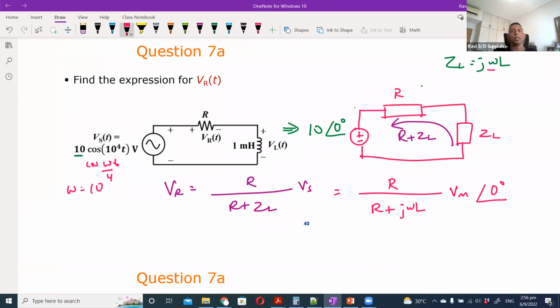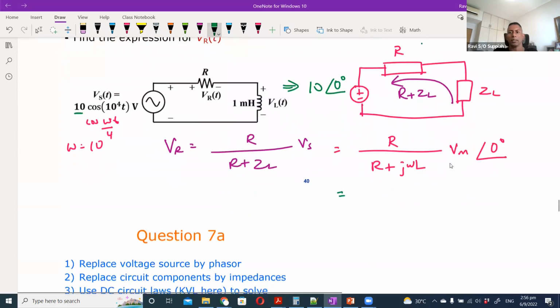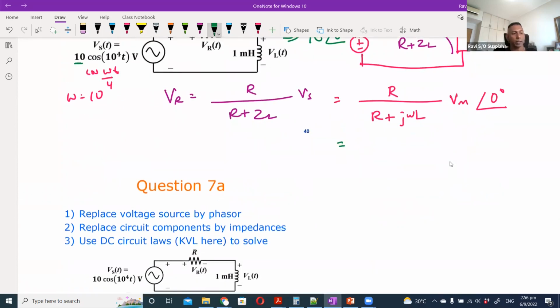For this first question, we will go through it step by step just to make sure that you're clear. Subsequently, we can skip all the complex part and just understand the concept. So if I do this again, you have R times Vm angle 0 degrees over the denominator.